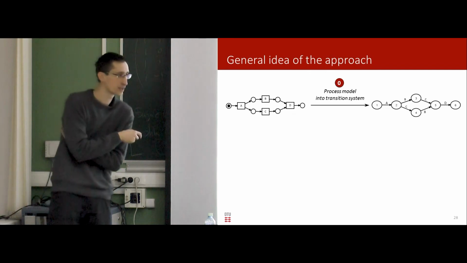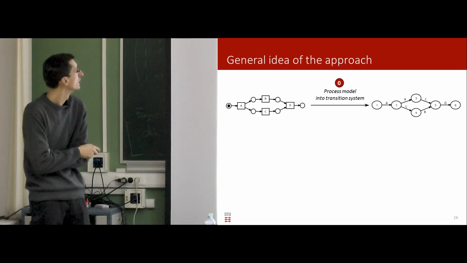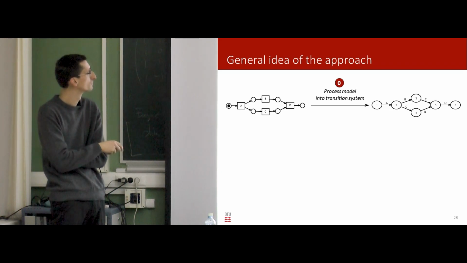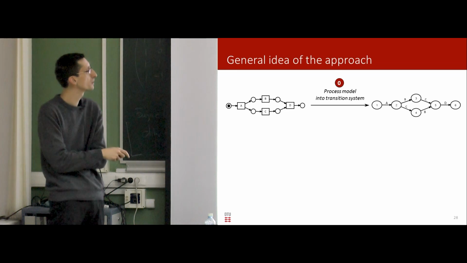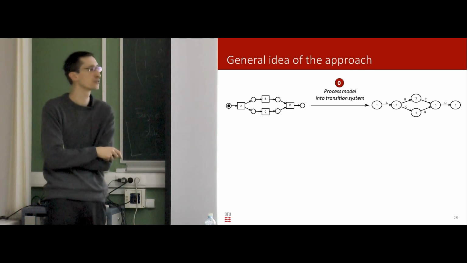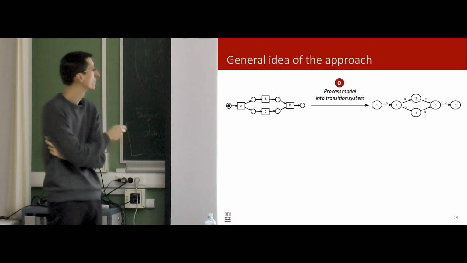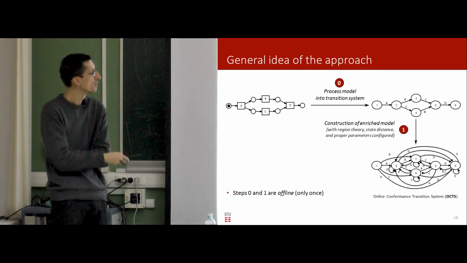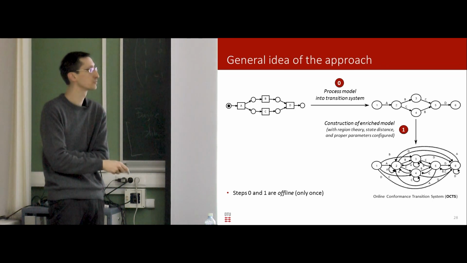So the general idea of the approach we implemented is to take our Petri net and move from this space to the transition system. For example, computing the reachability graph of the bounded Petri net. Then the idea is to enrich somehow this transition system in order to include all the possible behavior.